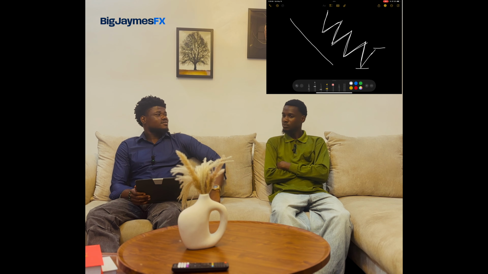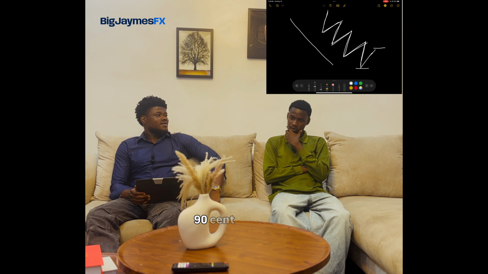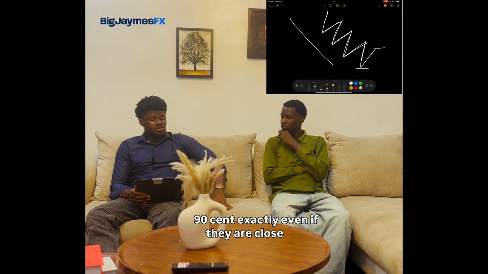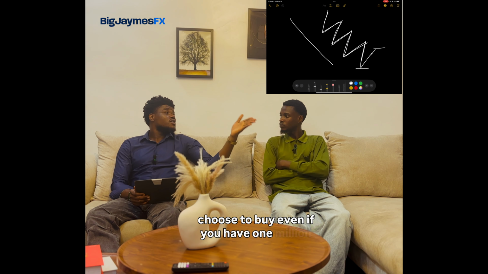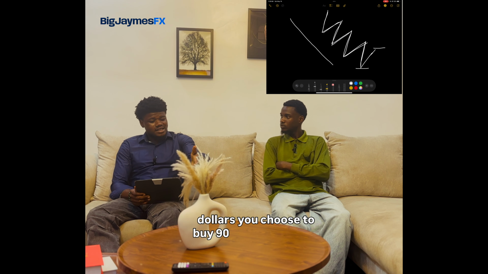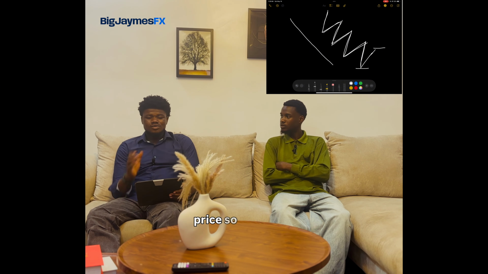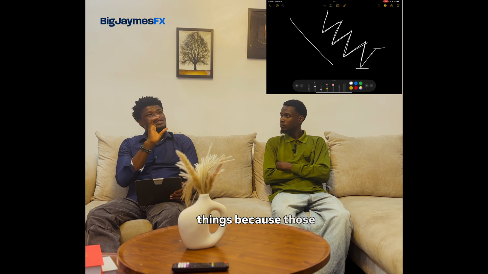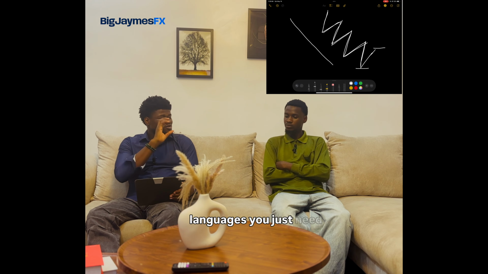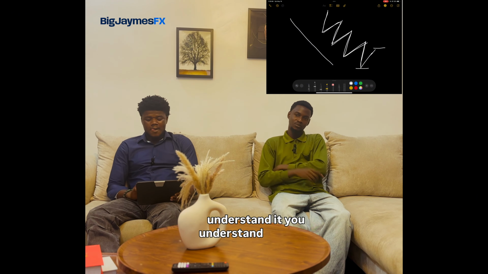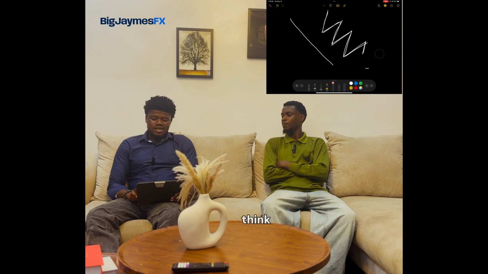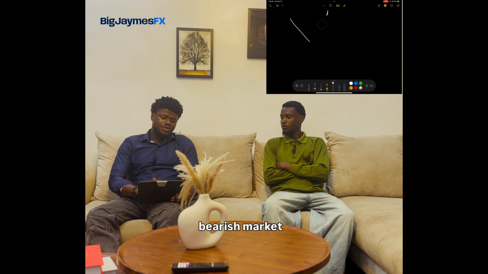Where would you buy? 90 cents. Exactly. Even if they are close, you choose to buy at 90 cents, even if you have $1 million, because it is the cheapest, the lowest price. Those things are languages. You just need to understand them. You understand? So yeah, I think that's for the bearish market.